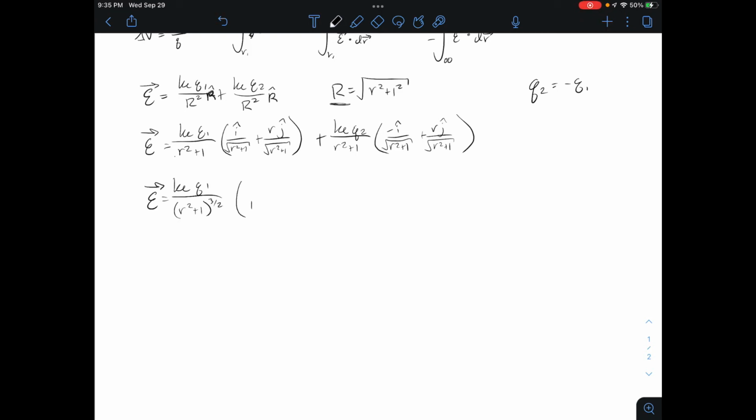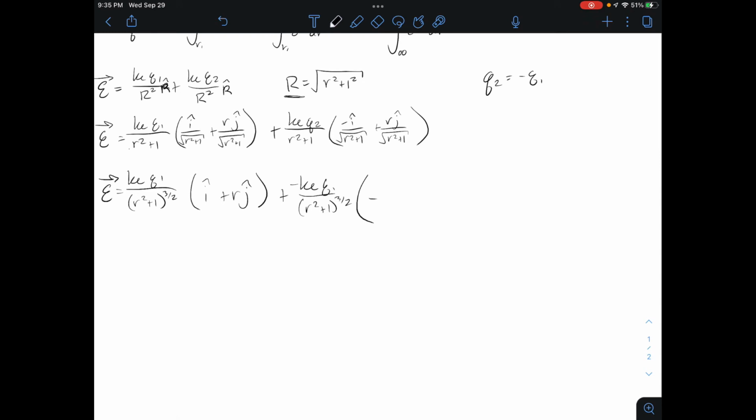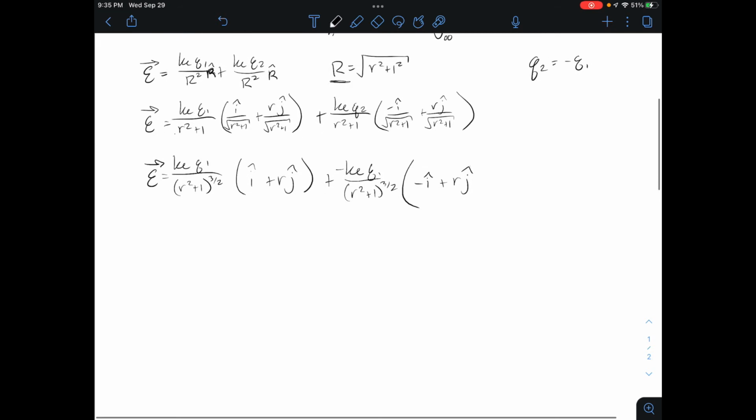That's going to be i hat, because this is to the 1/2 and this is to the 2/2, so adding them together gives the 3/2. i hat plus r j hat, and then over here, Ke, and we said this was negative Q1, so I'm going to put that negative here, Q1 over r squared plus 1 to the 3/2 times negative i hat plus r j hat, again because I pulled out that denominator and made that look nicer.